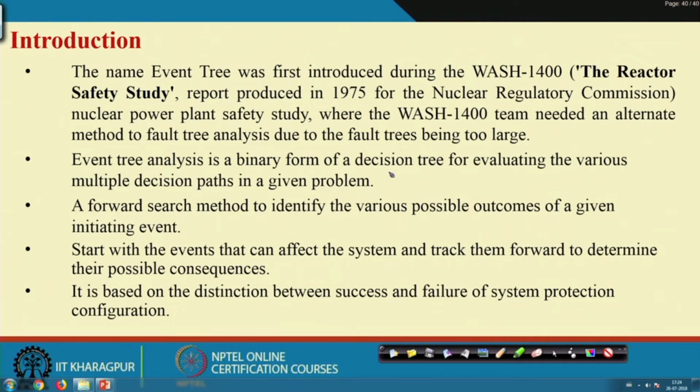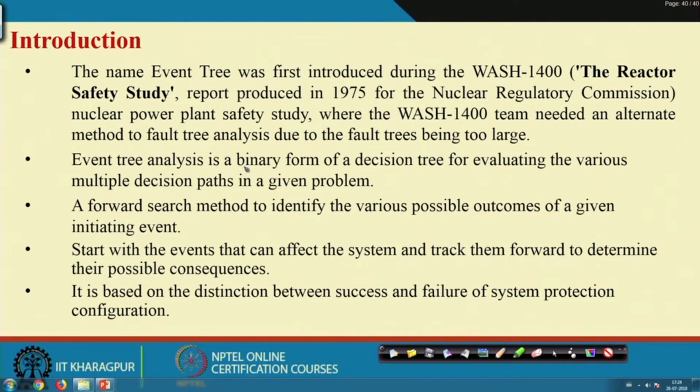By system configuration, I mean that given an event occurs, there may be one component or subsystem which will respond to that state. That response can be a successful response or a failed response.